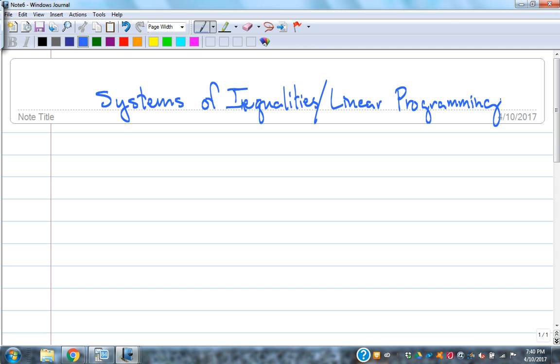All right, so what you have with the linear programming is you have a set of inequalities. Like when you look at lab 26, you see these boxes that are drawn and shaded in.